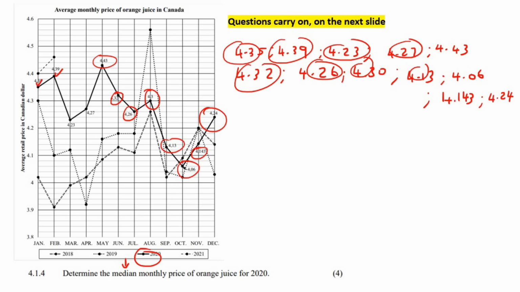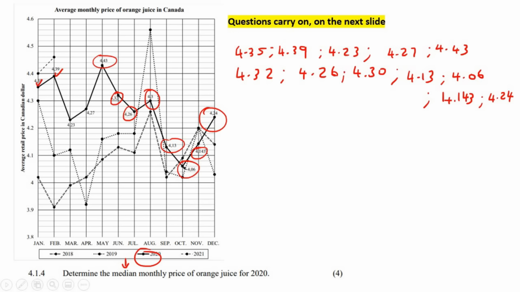12 months. So remember, what is the most important thing when looking at interquartiles like quarter 1, quarter 2, quarter 3, or median? Well done if you remember that the data must be arranged from smallest to largest. So we have to first do that. So smallest would be 4.06. Okay, cross it off. The next biggest one is 4.13.